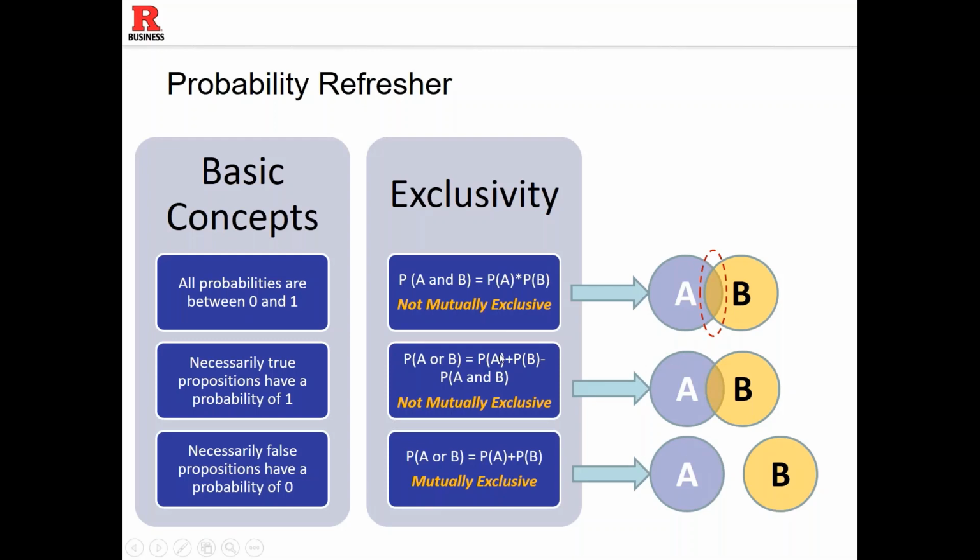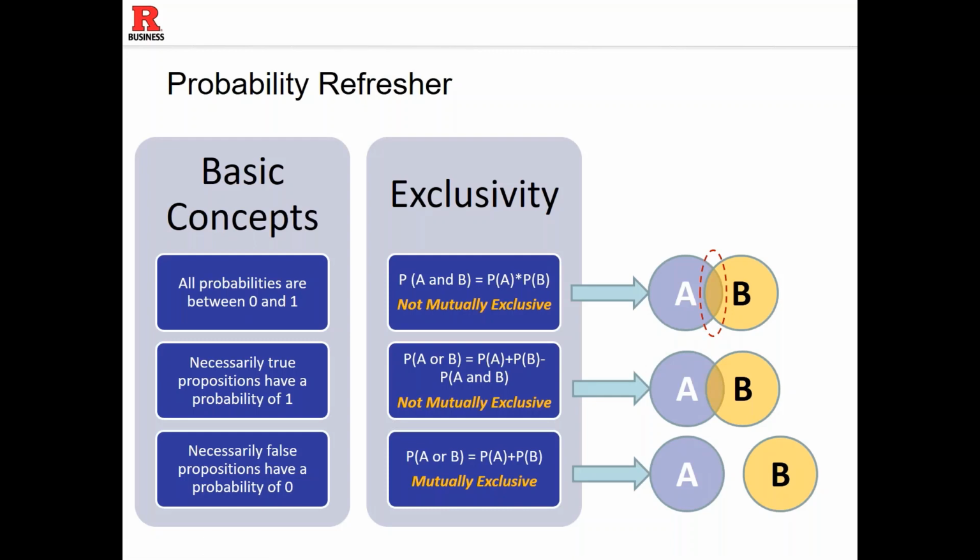However, if you want to compute the probability of A or B occurring, it would be the area of this entire region, all of A and all of B. But because A and B overlap, you'd have to subtract off the probability of A and B, which we computed before.